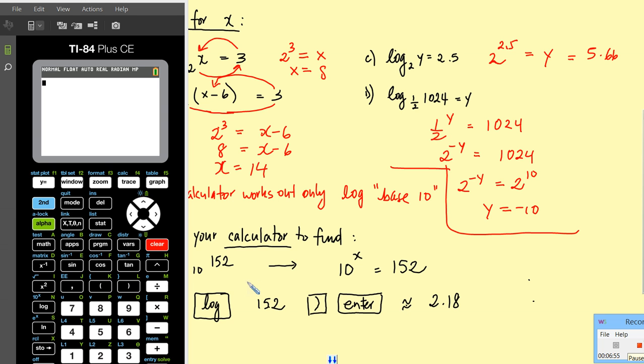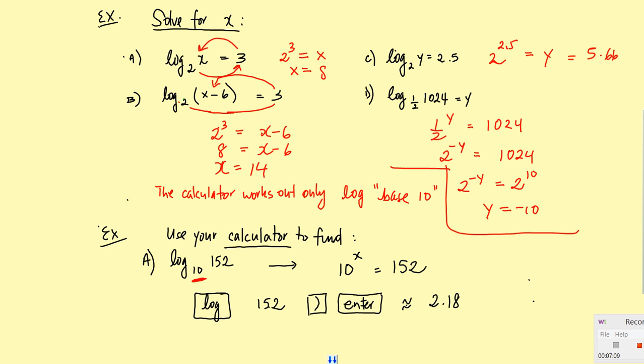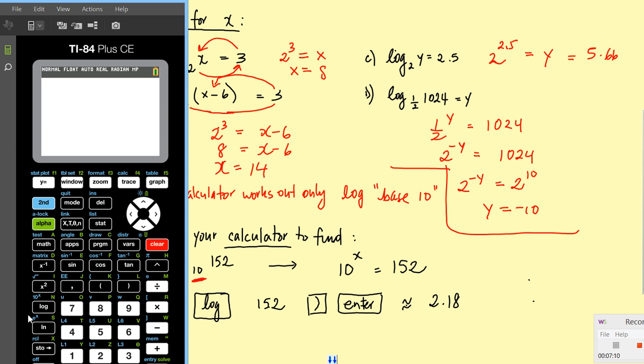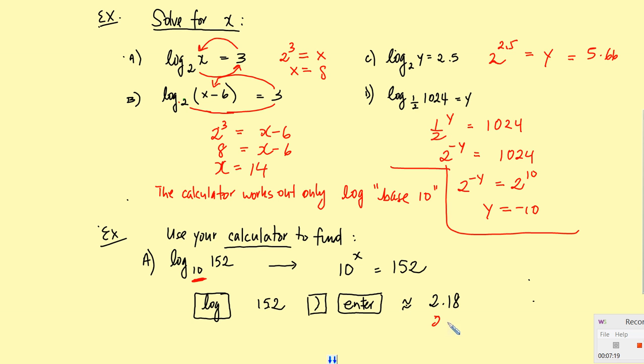The first way is, because we know this is already a base of 10, all I would really have to do is just say log of 152, close the parentheses and press enter, and I get 2.18.